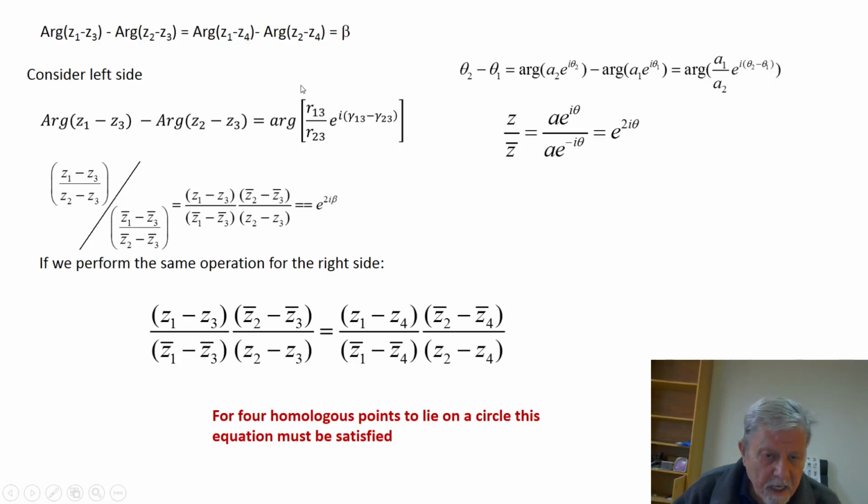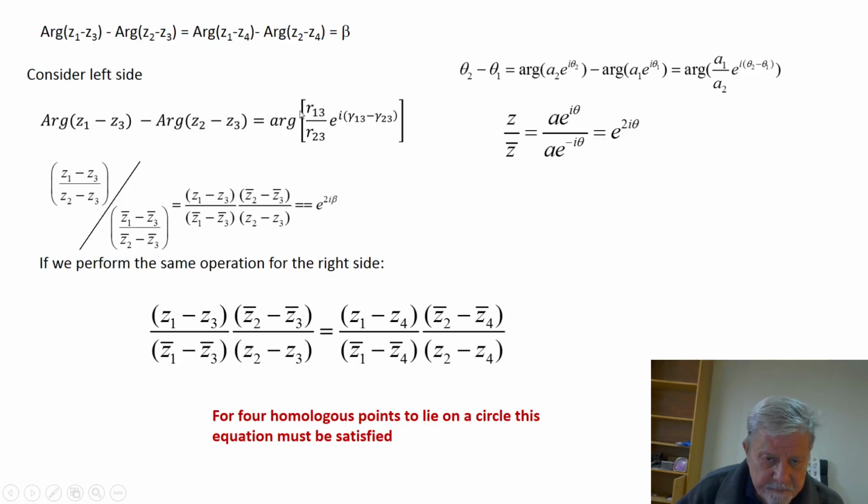So this theta 2 minus theta 1, argument of Z1 minus Z3 minus argument of Z2 minus Z3, can be written as argument of R13 over R23, the magnitudes, e to the i gamma 13 minus gamma 23. This is wrong, but this is right. Okay?